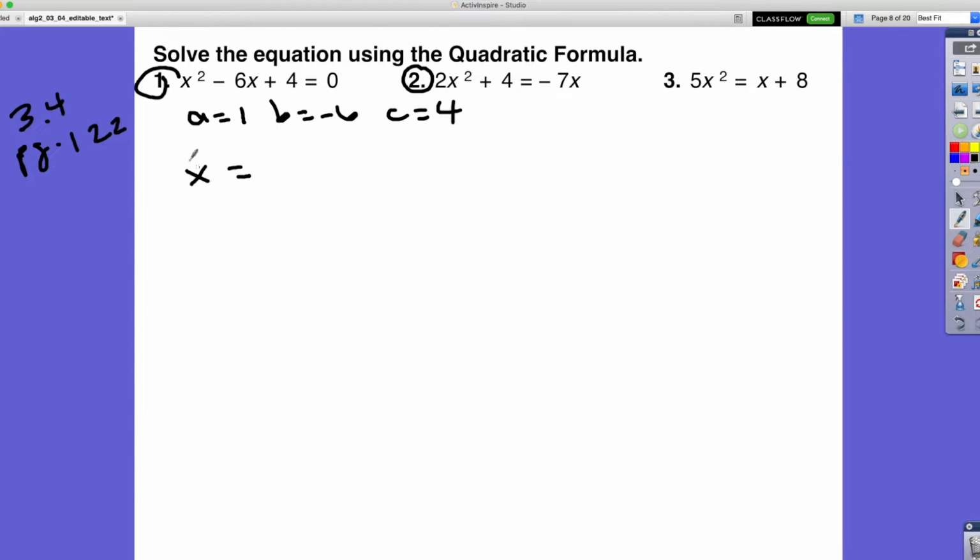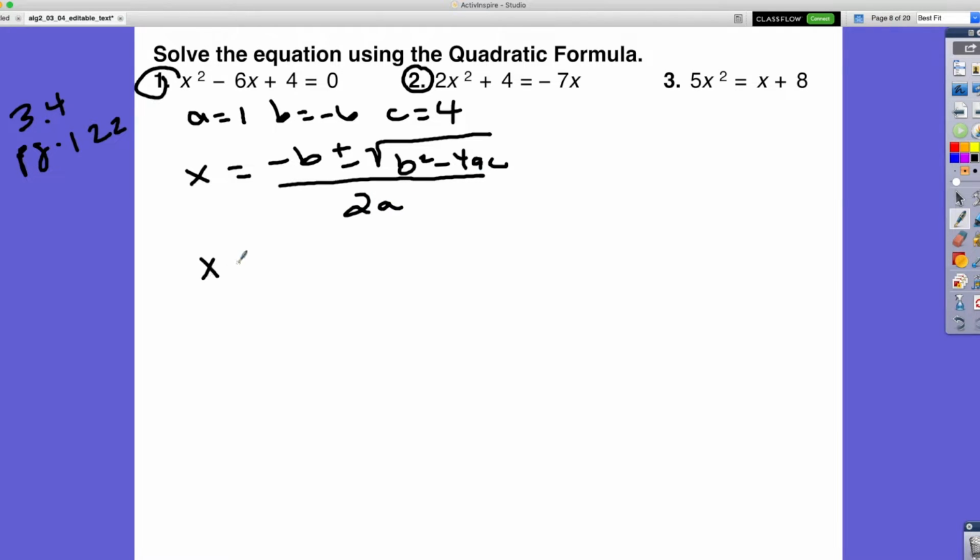So remember, we're trying to find x, which is the roots, or the solutions, or the zeros. Okay, x equals the opposite of b plus or minus the square root of b squared minus 4ac all over 2a. So now we're going to plug it in.